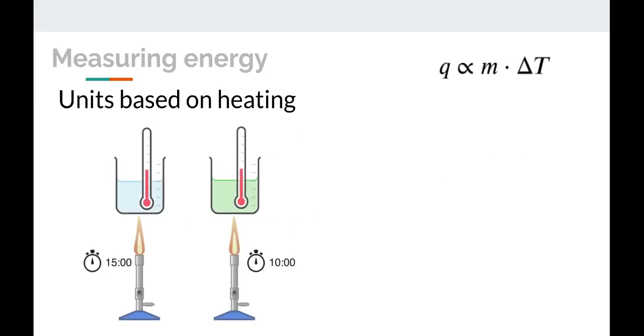Now let's look at 2 different substances. Let's say we have this blue substance that we have the same mass as the green substance in the right-hand beaker, and both of them are raised to the same temperature change, but it takes less time at the same rate of adding heat for the green substance to heat up to that same temperature as it does for the blue substance.